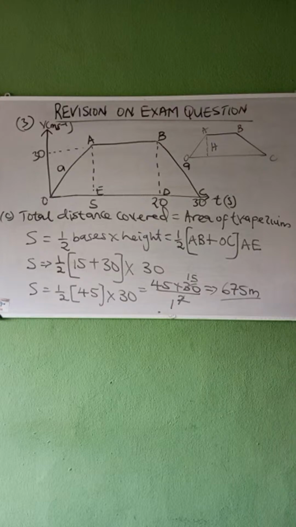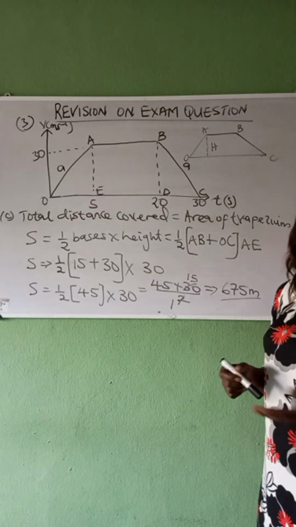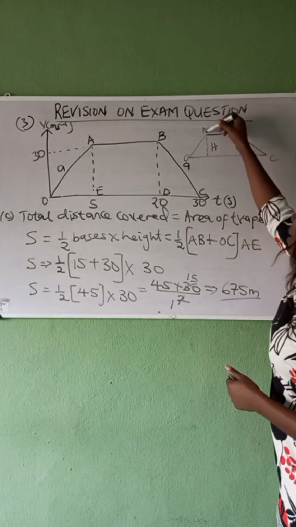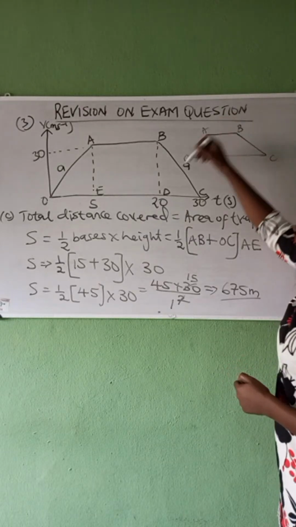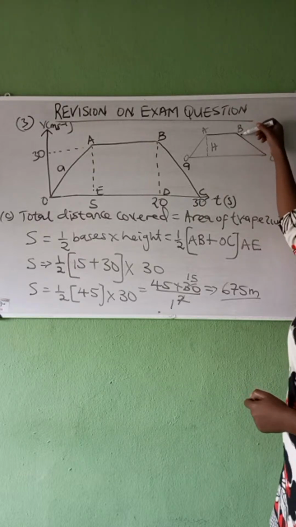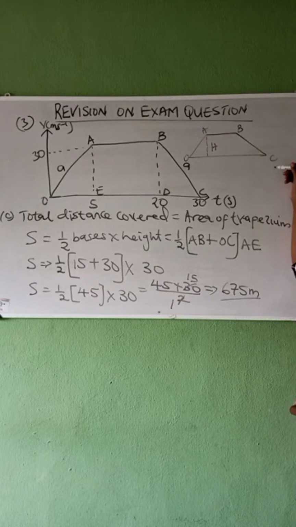So look at it. If I say half basis times height, my bases are the horizontal while my height is the vertical. Now this is AB. The first base is AB, right? Line AB. While the second base is line what? OC. Is that clear? All right.